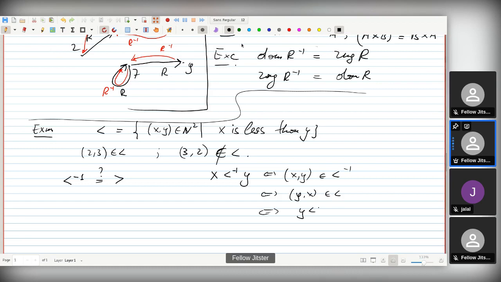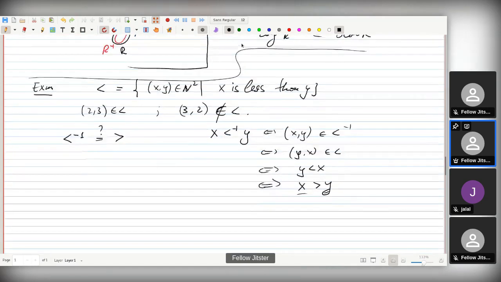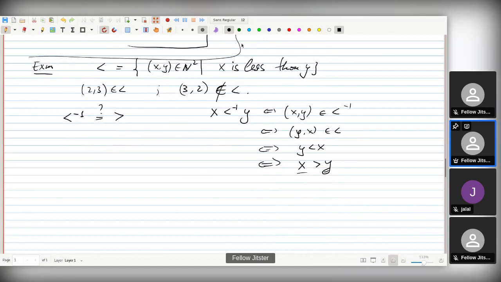So y is less than x, or conversely, x is greater than y. If we are interested in the way x relates to y, x is greater than y. Is it clear? Yes.